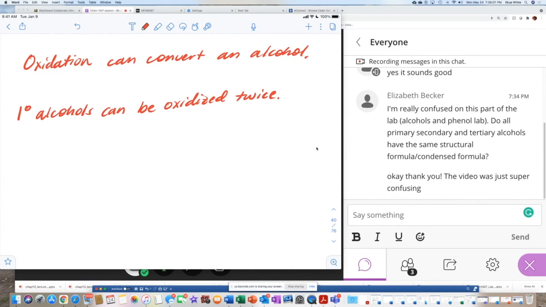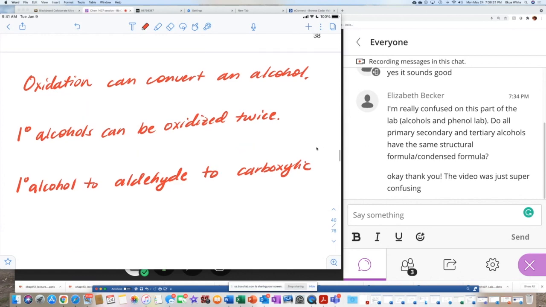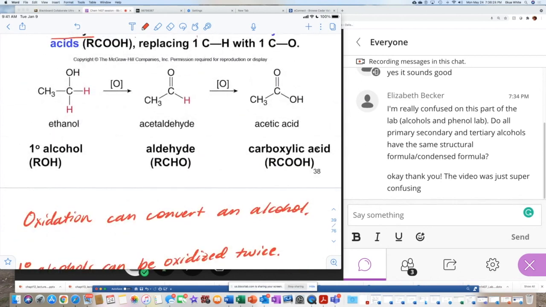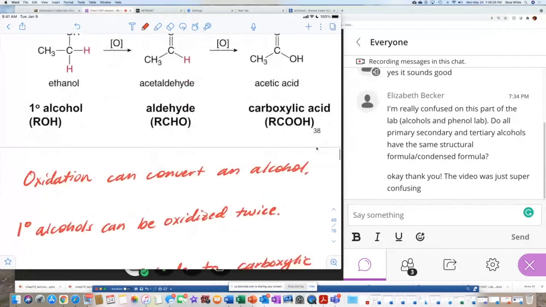The first level, they go from primary alcohol to aldehyde. Okay, and I'm going to show you how this works. And then from aldehyde to carboxylic acid. So this is kind of the overall, right? Yeah, like they're showing you over here. I'm going to walk you through it step by step.